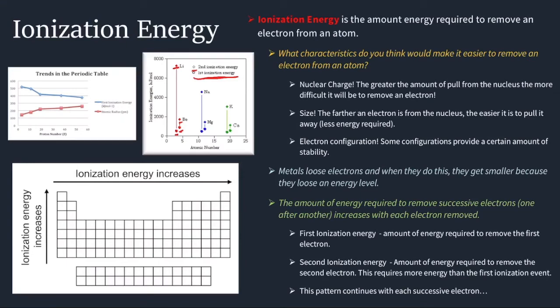Then we see the same pattern with sodium and magnesium. Sodium has one valence electron, and it takes a lot more energy to remove a second electron from sodium because that's now not in the original valence shell. But magnesium has two valence electrons, so the first one takes a little bit, the second one takes a little bit more. And then we see that same pattern with potassium and calcium as well.